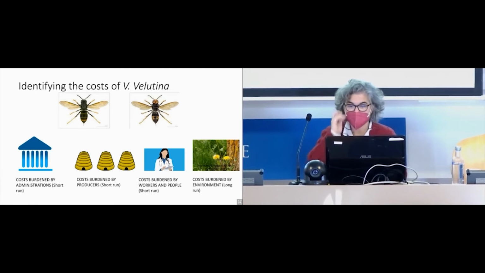For example, we can distinguish the person or the organization that is going to bear these costs. In this case, we can distinguish between costs borne by administrations, costs borne by producers, costs borne by workers or general people.